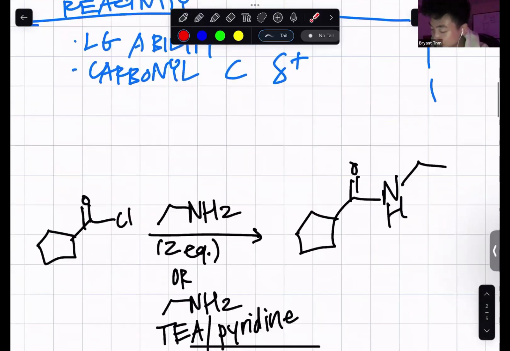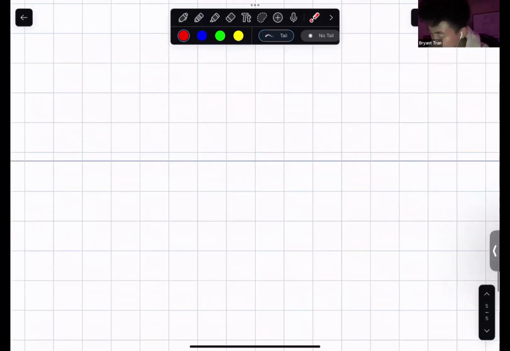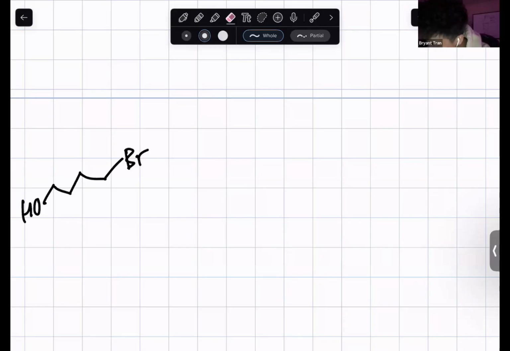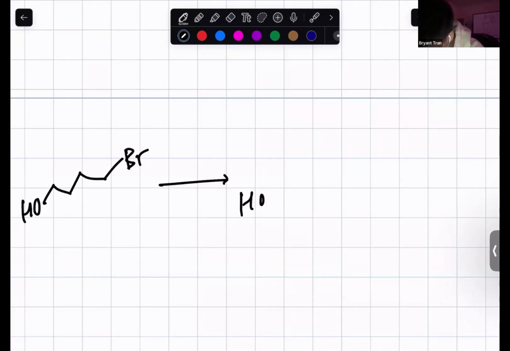But some reactant molecules will matter, because let's say, for example, we have something like this, and we wanted to get to this molecule here, where the alcohol stays the same, but we added an extra carbon, which is this carbon right here, the extra one.